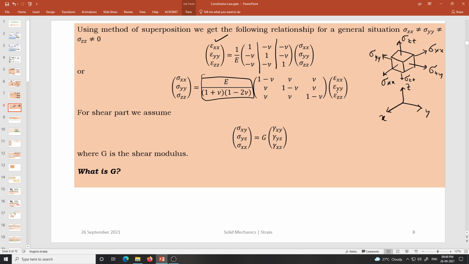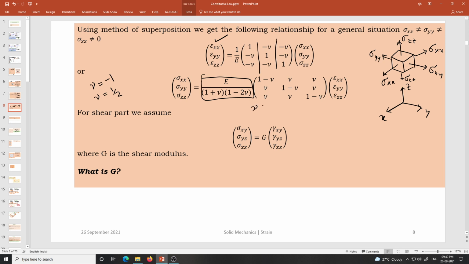Now naturally you can identify that this relationship won't give any meaning once the Poisson ratio nu takes these values. If the Poisson ratio takes minus 1, then it becomes unbounded, so you don't get any meaning out of that. Same thing is true when you have the Poisson ratio half.